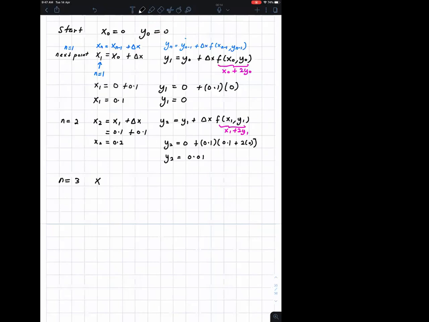Using the formula in blue, X3 is equal to X(3 minus 1), which is X2, plus delta X. Then Y3 is going to be, look at that formula in blue, Y2 plus delta X times F(X2, Y2).